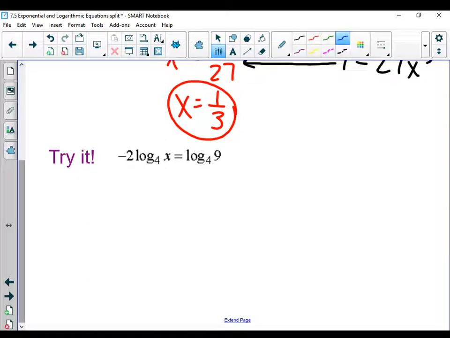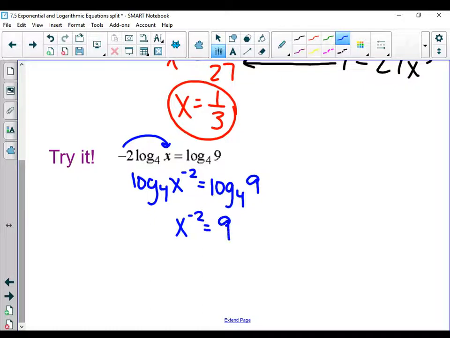Me personally, I'll move that -2 up. Okay, so x to the -2 gets me 1 over x squared.